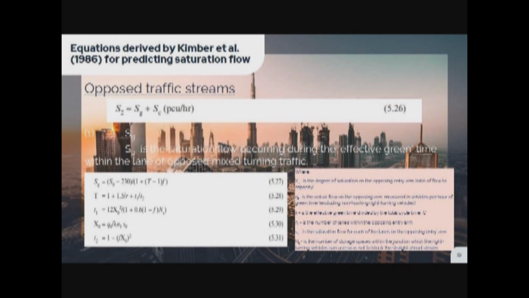S sub g is the saturation flow occurring during the effective green time within the lane of opposed mixed turning traffic. So we have a bunch of equations here. S sub g is equal to S sub 0 minus 230 divided by 1 plus big T minus 1 times f.